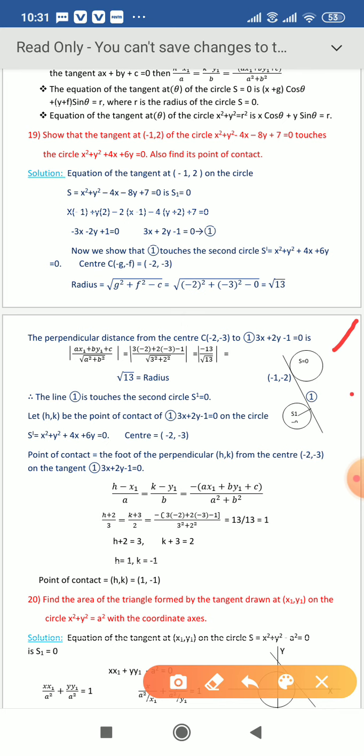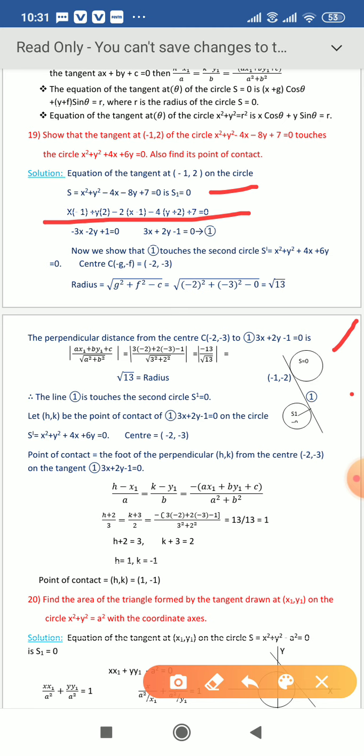For this circle, we find the equation of the tangent at (-1, 2). So you know the equation of the tangent at a point is S1 = 0. S1 means x x1 + y y1 + g(x + x1) + f(y + y1) + c = 0. Here x1 is -1 and y1 is 2.